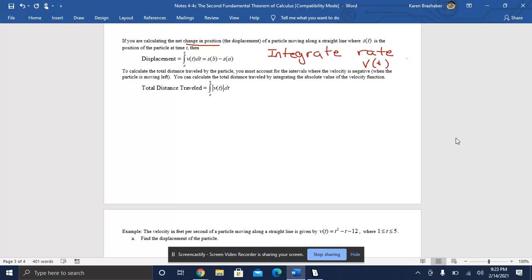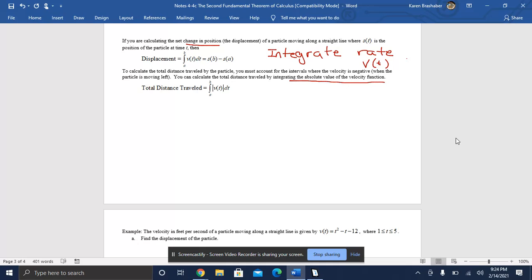So we'll compare displacement to total distance traveled. Now, total distance traveled means that we're not just looking at the final position of this particle, but we're actually going to take into account when it was moving in a negative direction to the left. And so to account for those times, we will integrate the absolute value of the rate.